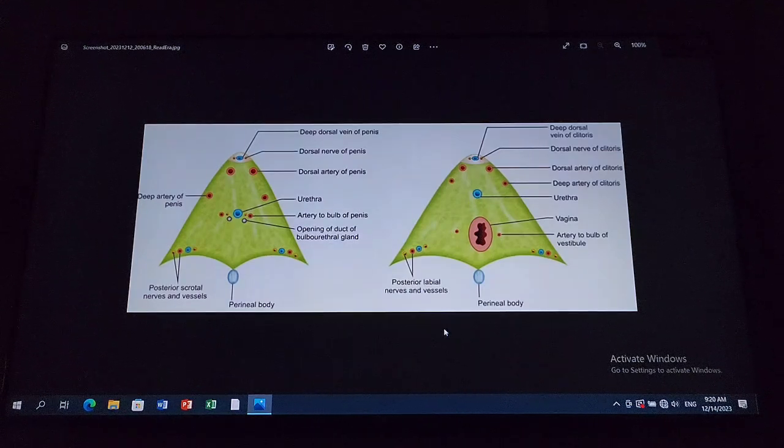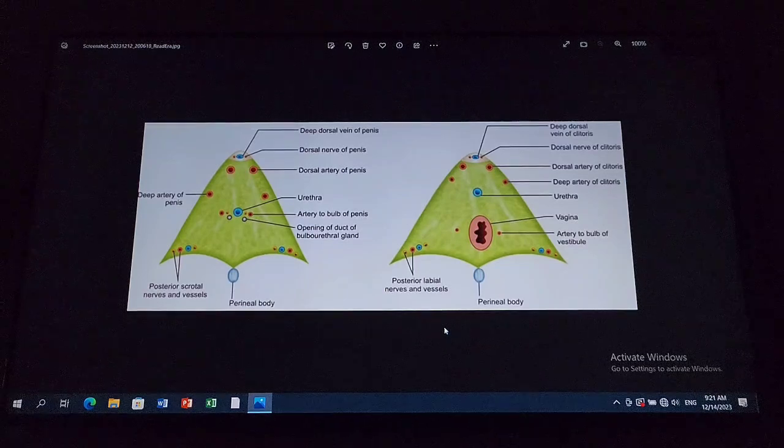We are looking now at the roof of the superficial perineal pouch in male and the roof of the superficial perineal pouch in female. هذا سكيم يعني رسم تخطيطي للبرينيال ممبرين.